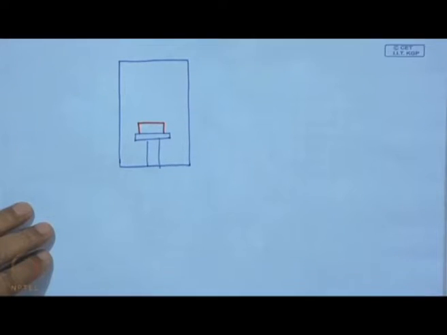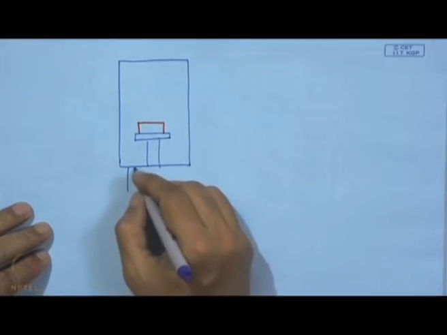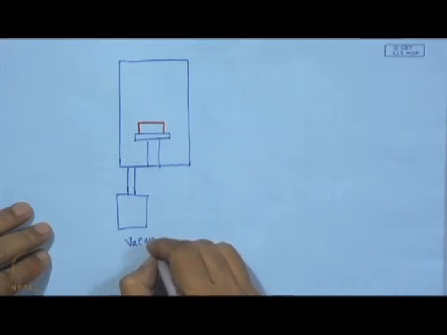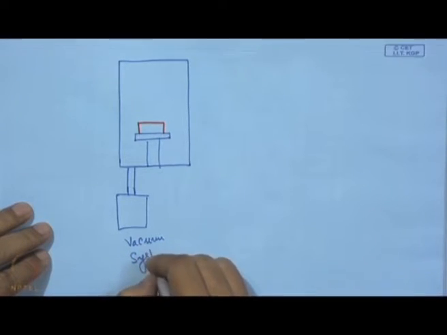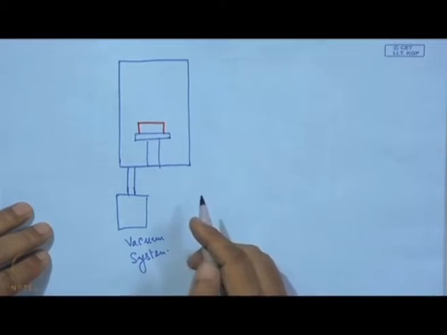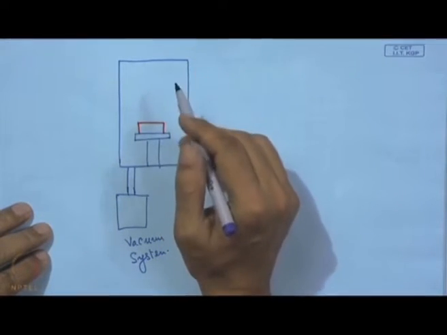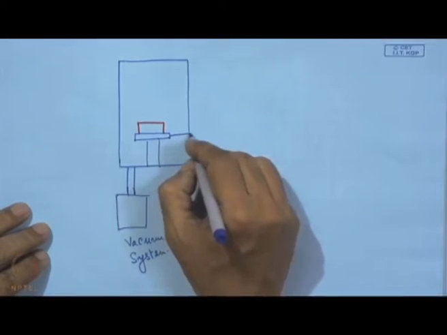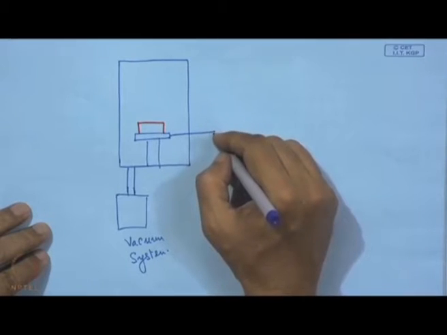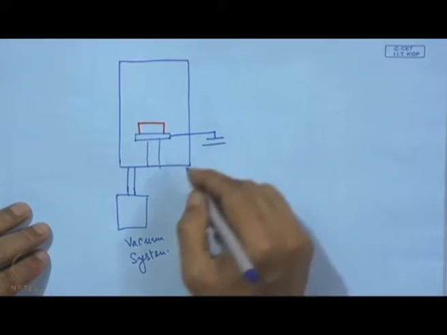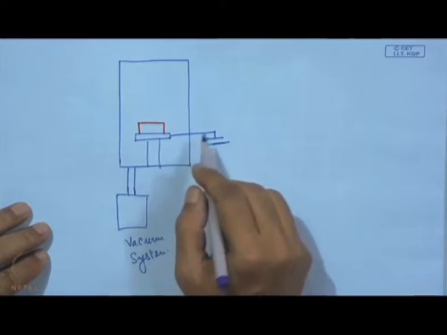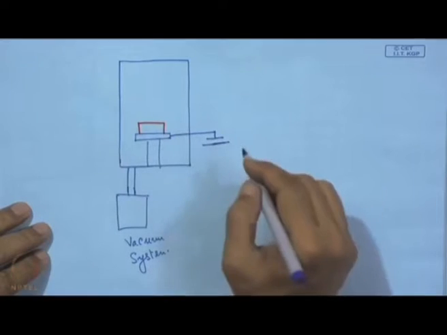And here what we have? We have a vacuum system for evacuating. What we need further is polarization of this sample, that means it will be connected to the negative polarity, and the body can act as an anode, or we can have one anode plate on the top also.